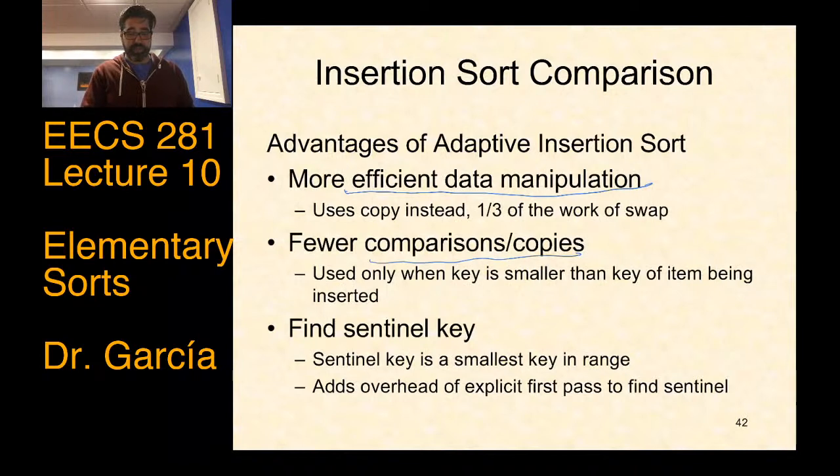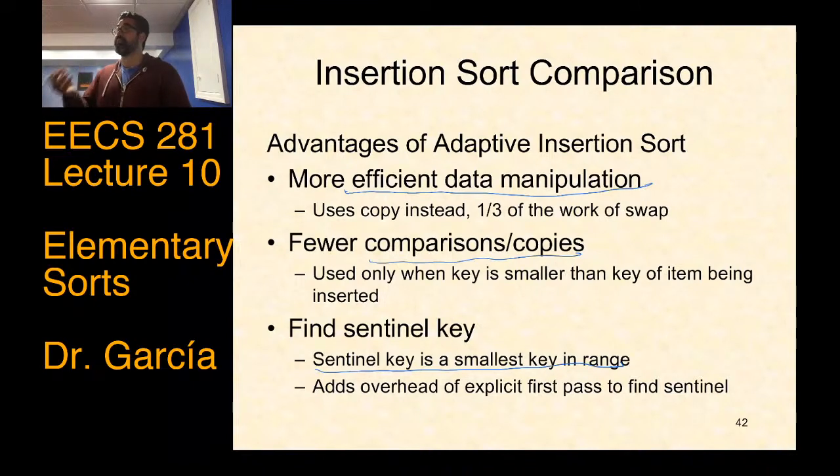The Sentinel key is the smallest key in the range. That's what we talked about. There is an overhead that I was just alluding to for that explicit first pass to find a Sentinel. Honestly, it kind of depends. I would say that if we were just sorting integers, finding the Sentinel is probably not worth it. But again, it depends on whether the comparison function is, let's say it's a hefty function, right?